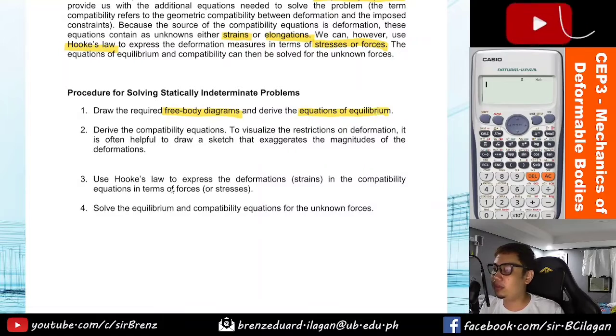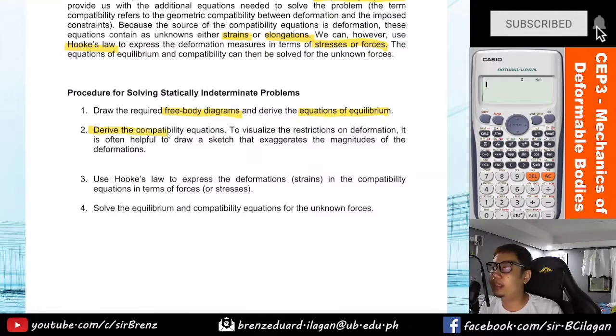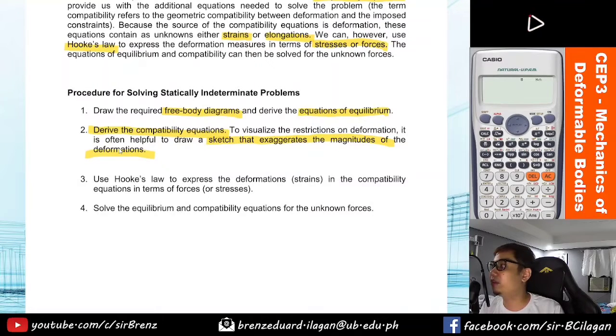So, step number 2, dyan napapasok yung sunod. Derive the compatibility equations. And take note that in this type of problem, to visualize the restrictions on deformation, it is often helpful to draw a sketch that exaggerates the magnitude of the deformation. Usually kasi guys, yung mga deformation naman talaga dito is maliliit, usually in mm lang.